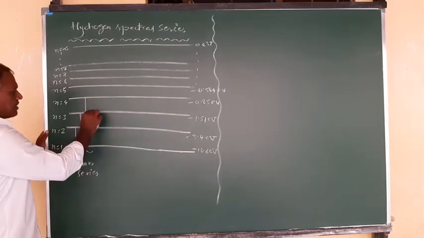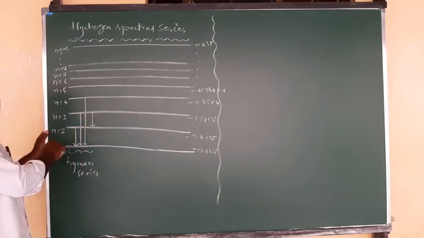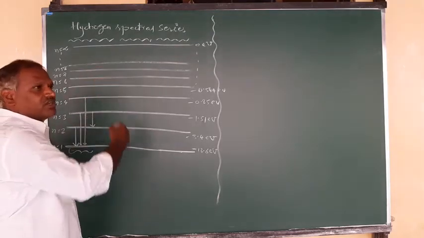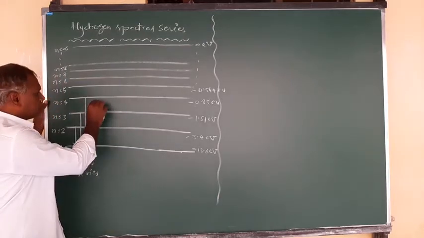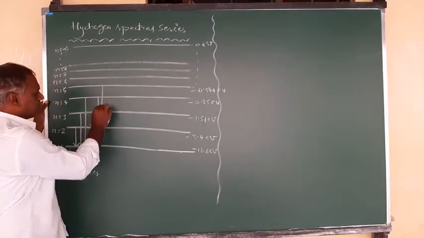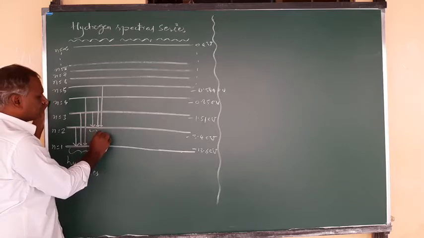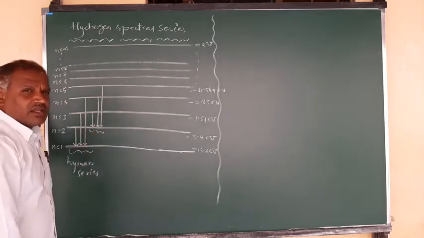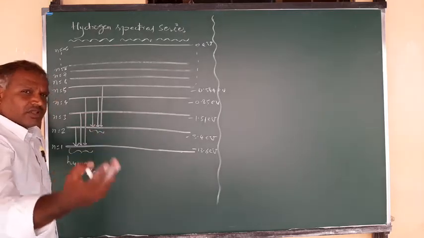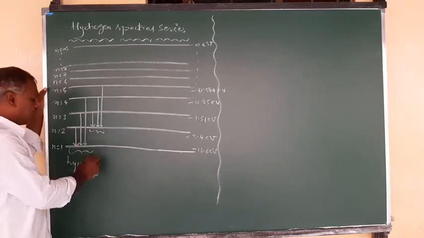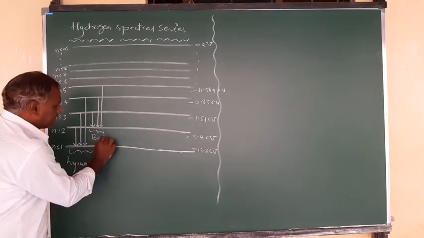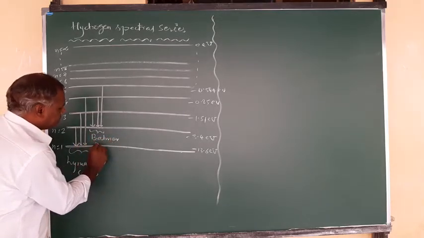And similarly when the electron makes a transition into the second orbit from higher energy states, you can observe it like this. For this transition of the electron, the energy or wavelength can be calculated, and it comes under another name, the Balmer series.